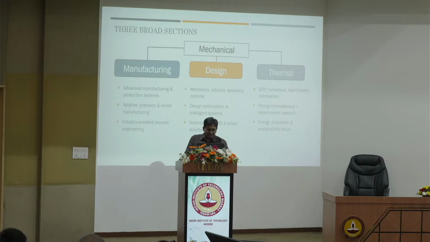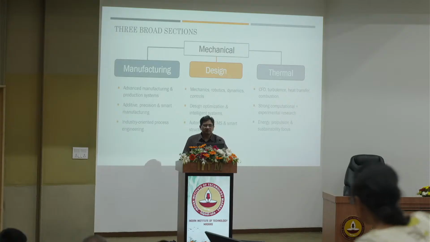Additive manufacturing, precision manufacturing, smart manufacturing. When you think of manufacturing, you may think of everyday objects like toothpaste, soap, shampoo, or maybe even plastic parts. But there are things which require a lot more precision, a lot less tolerance for errors: airline parts, space parts, and so on.